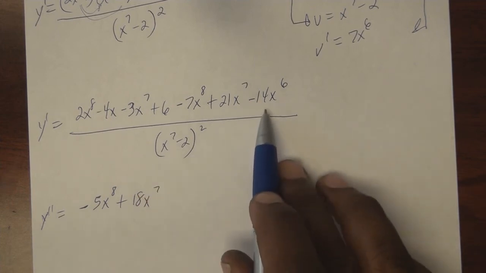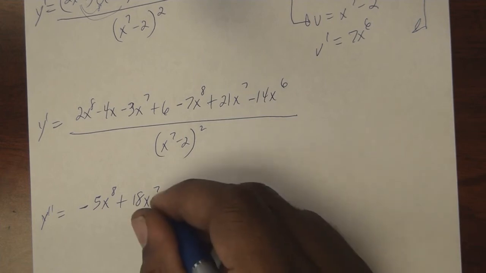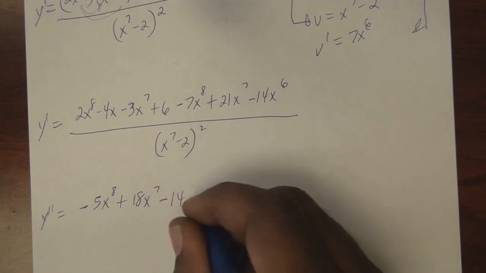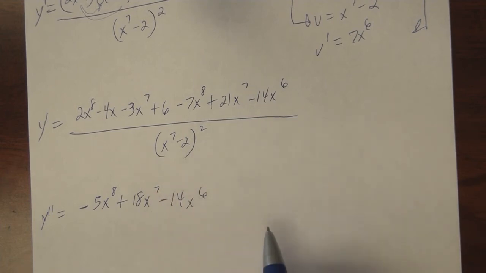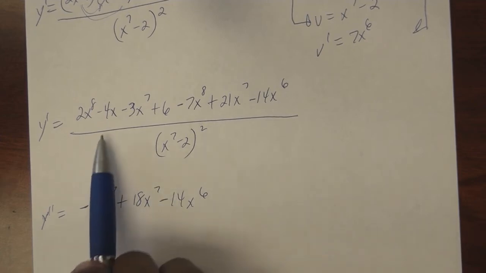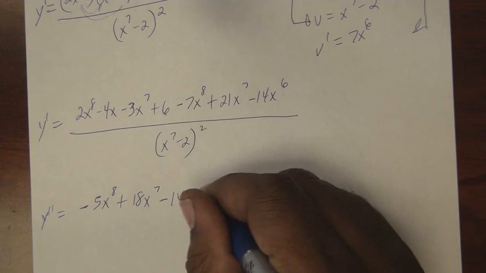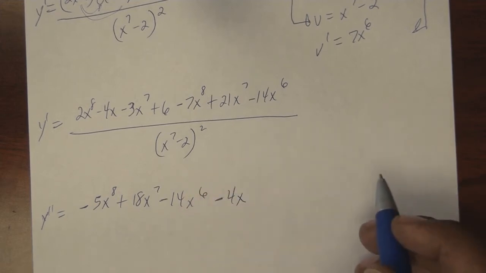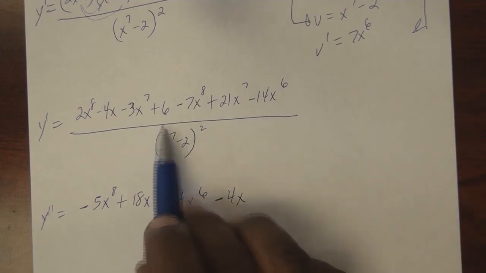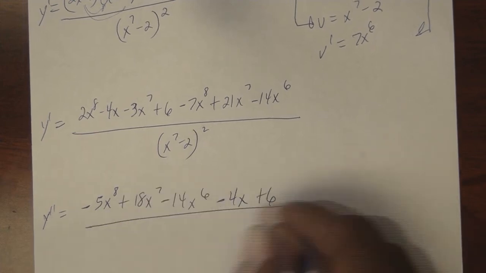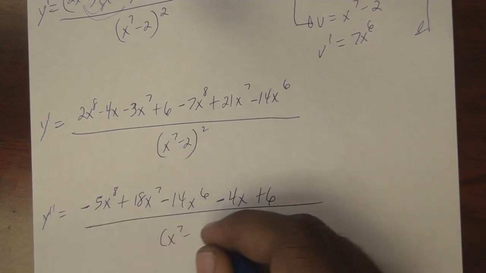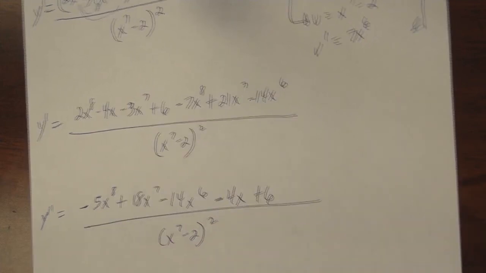We have one 6th degree term, which is minus 14x to the 6th. We next have a 1st degree term, minus 4x. We have a constant plus 6 all over x to the 7th minus 2, and that quantity is squared.